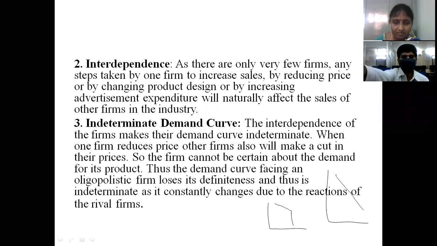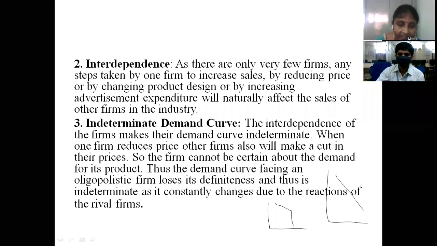So the firm cannot be certain about the demand for its product. If X company reduces its price to increase its demand, immediately this affects Y company, and Y company also reduces its prices. So the consumers will move to which company, X company or Y company?